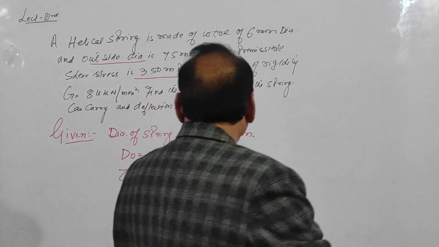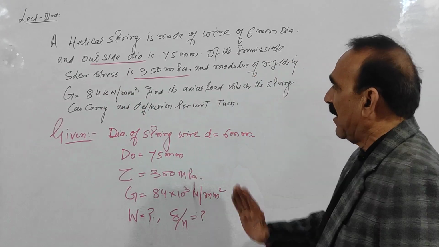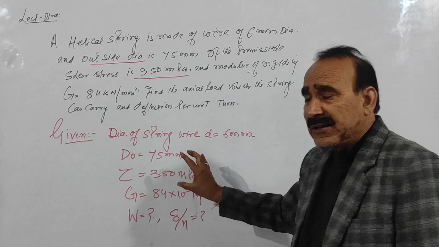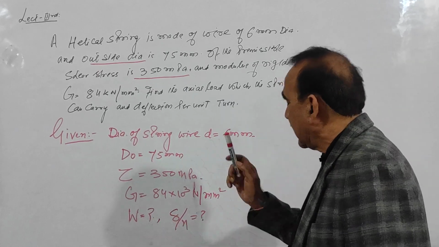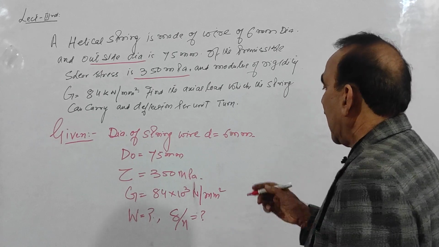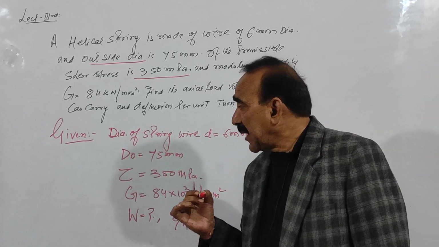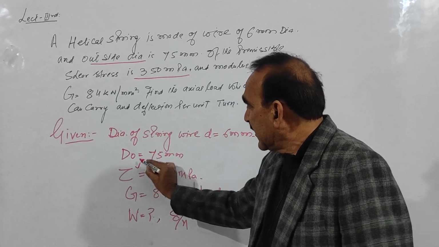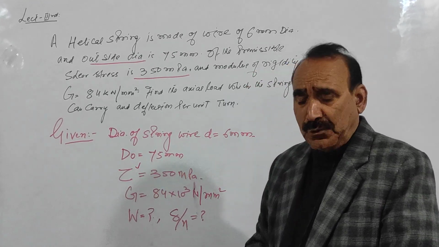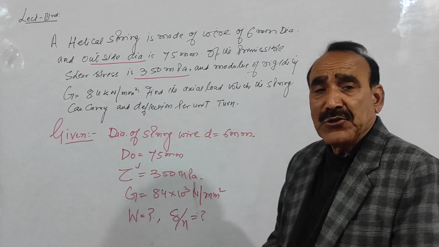Now, just see here, before starting the problem, first you try to understand that you have to calculate this axial load and this, right? So, where do we calculate the axial load from? Because the shear stress is given to you. That is tau is given to you.